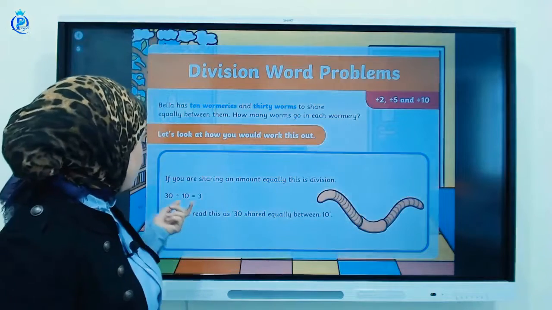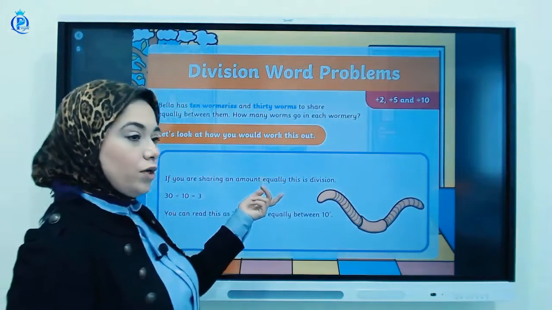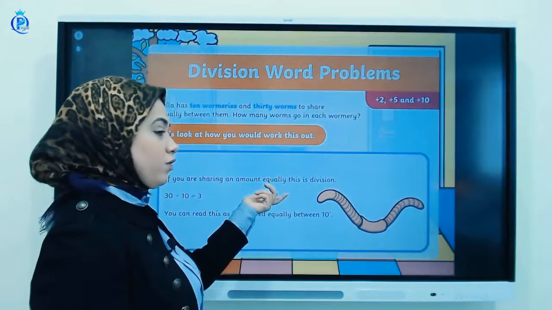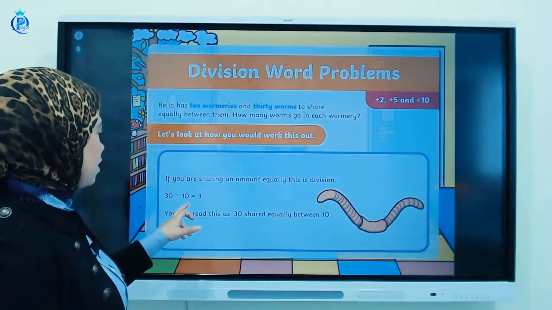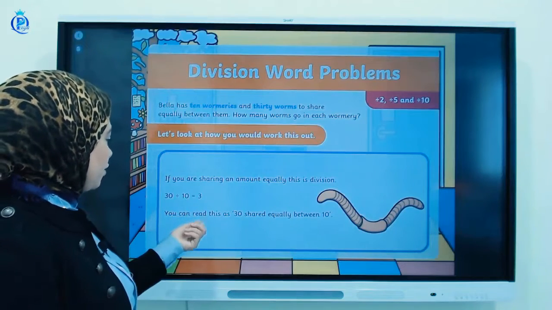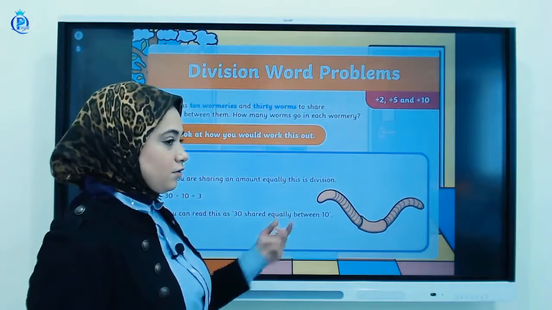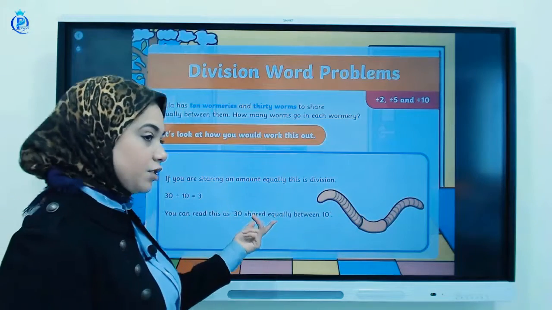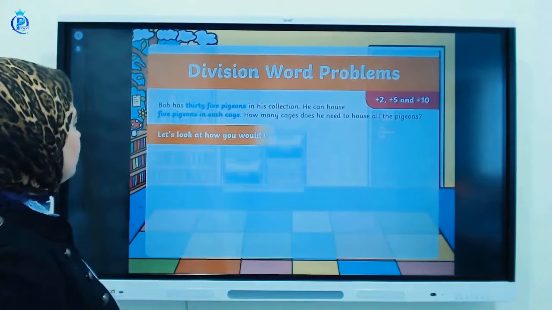So it is 30 divided by 10, sharing an amount equally. So 30 divided by 10 equals 3. You can read this as 30 shared equally between 10.